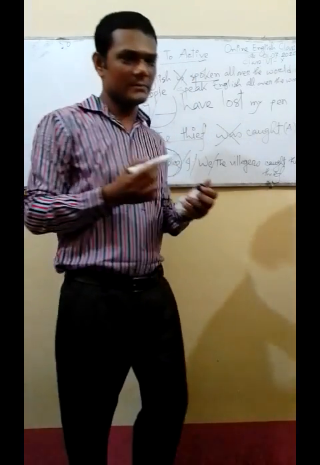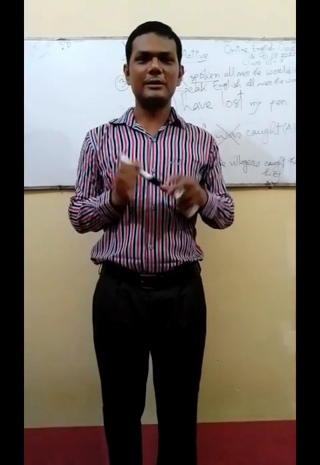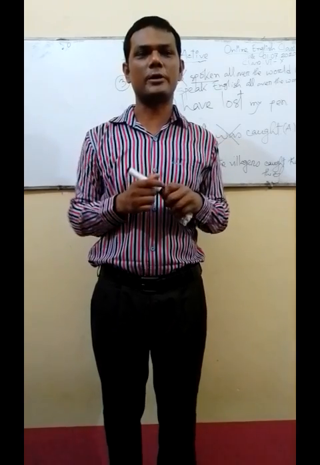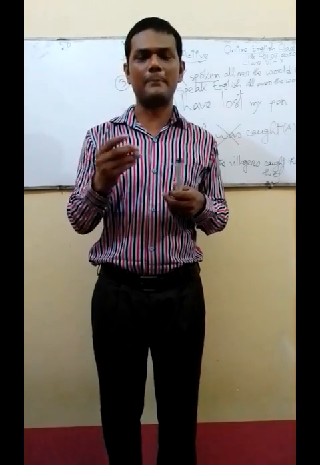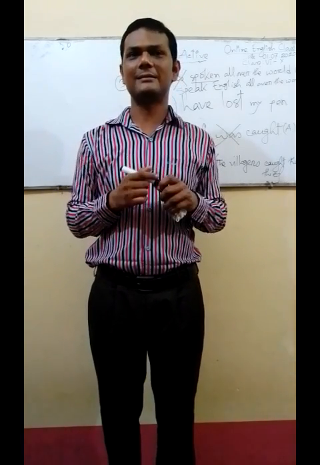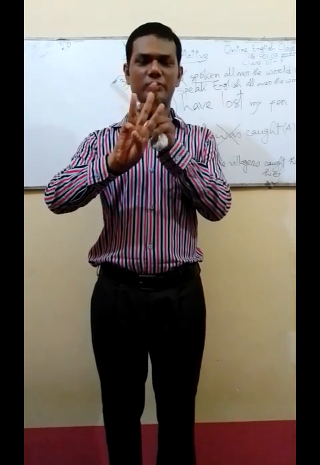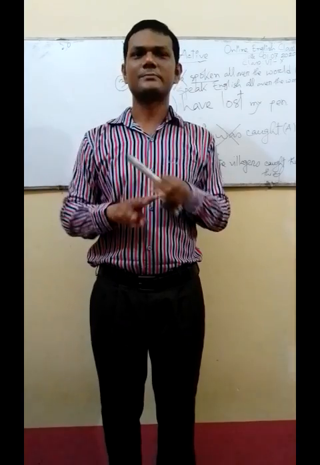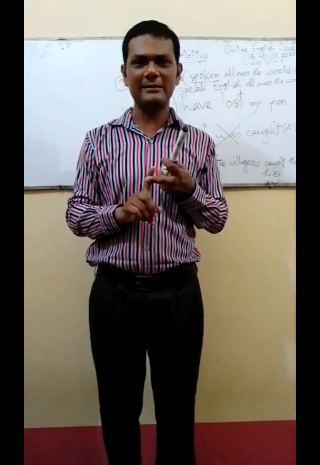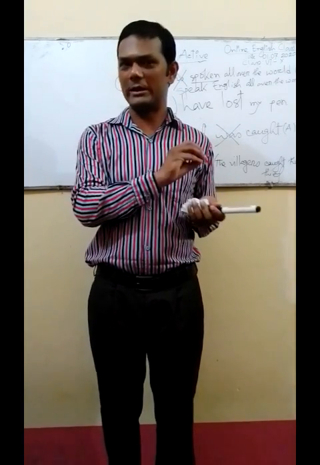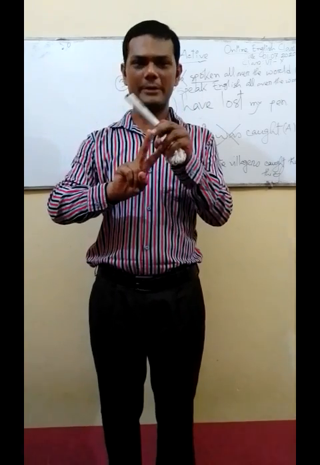Okay, I think you can understand. The most important thing from passive to active is there are 5 things and you have to make them 3. Okay, at first you have to identify by, then the auxiliary verb. These 2 will be omitted.